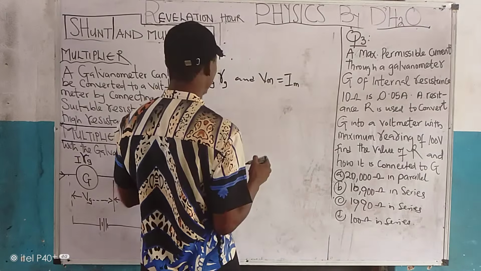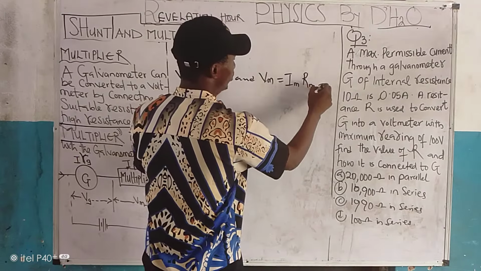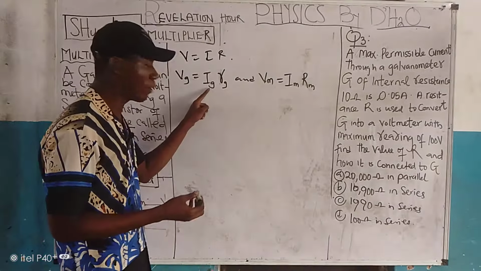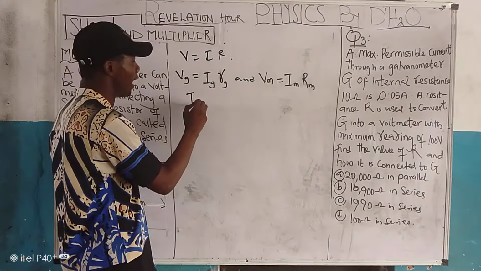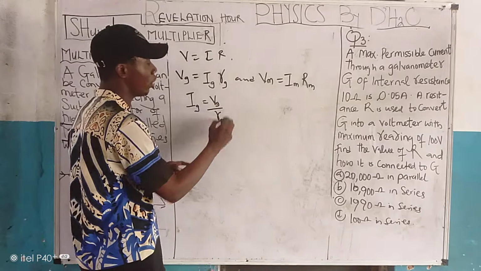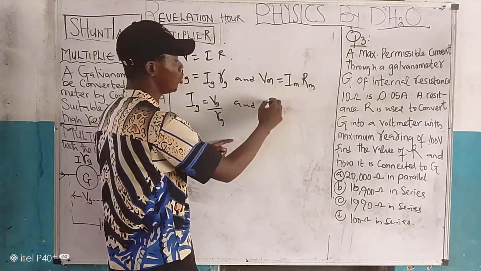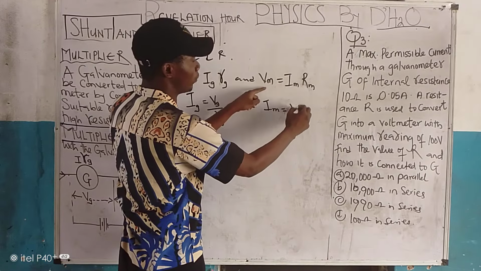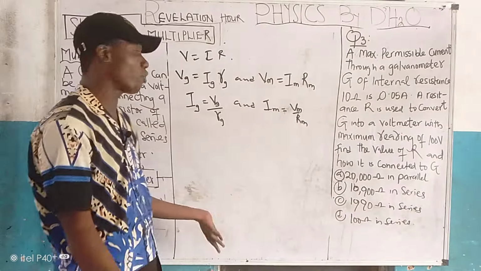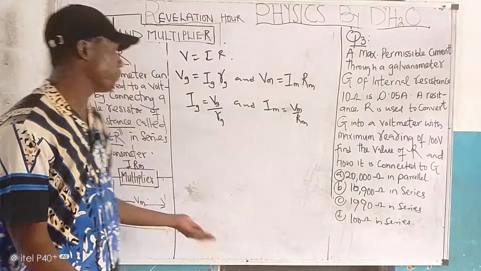Current in the multiplier times resistance in the multiplier. What do they have in common? They have the same current. Make current the subject of the formula here. You have IG equals VG over RG. Do the same here. What do you have? You have IM equals VM over RM. If you can establish this fact, it means that you have gotten anything you are looking for. That's quite very easy.